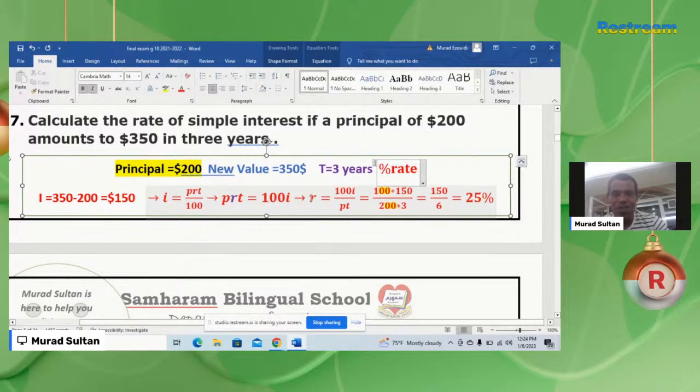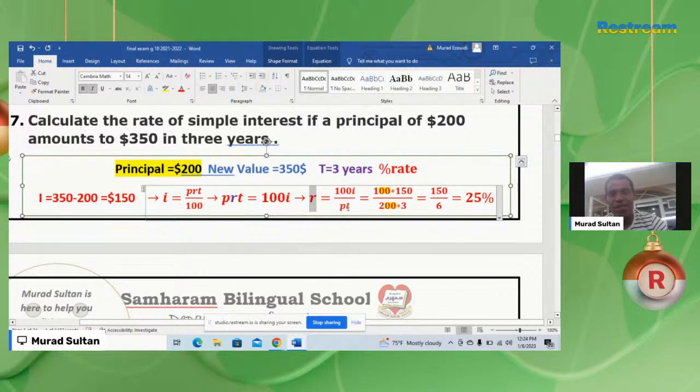Therefore, make R the subject: R equals 100I divided by PT. It will be 100 multiplied by 150, divided by 200 multiplied by 3. Simplifying by the common factor, 150 divided by 6 gives 25%.